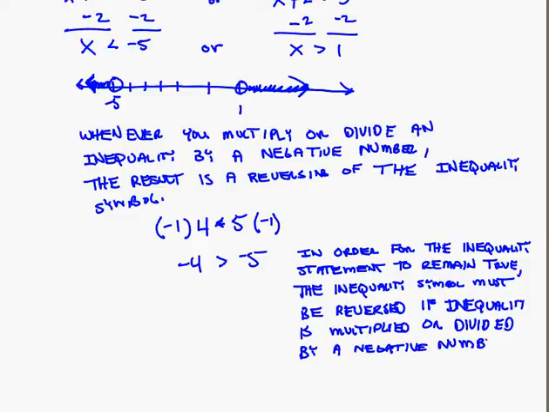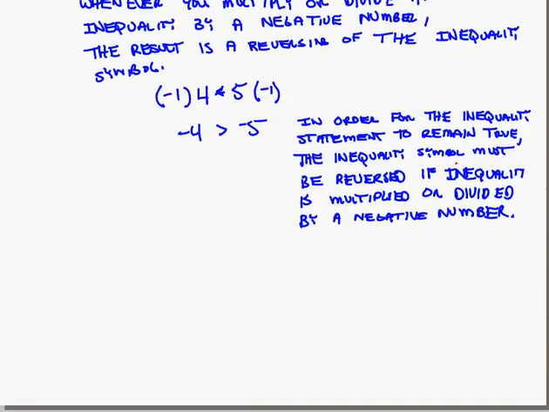All right, let's try a couple more examples. Let's try this equation. Let's say I had 12 less than or equal to the absolute value of negative 5x minus 1. Okay?